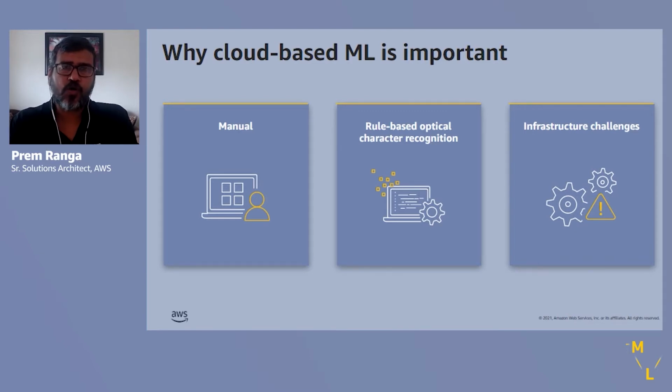Now, this is all good when you initially start it up, but as your organization grows and as your business needs evolve, the document volumes will increase, and the document templates and formats and structures will change and evolve, and that means that you'll have to scale your teams.